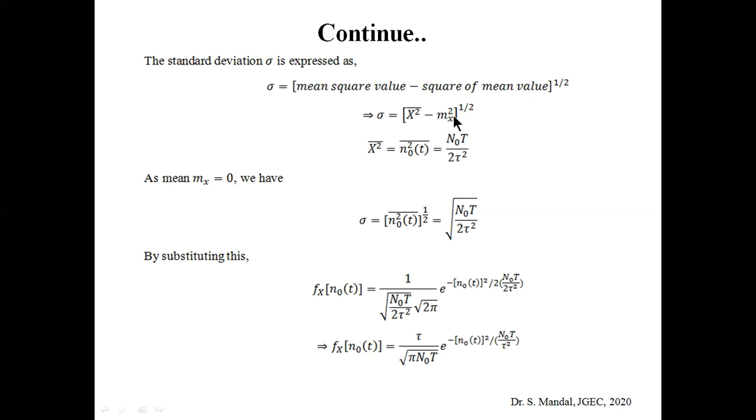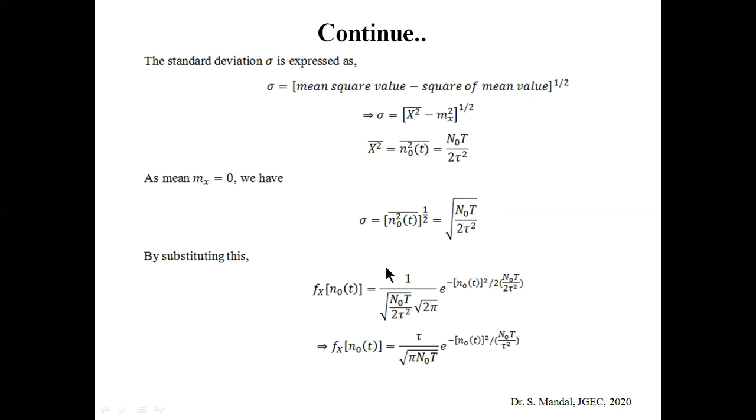As the mean is 0, the value of m_x is 0, and x square bar is nothing but n0 square bar, or the noise power. It is substituted by n0 by 2 tau square times T, which was already calculated in the SNR calculation. So sigma becomes root over n0 T by 2 tau square.